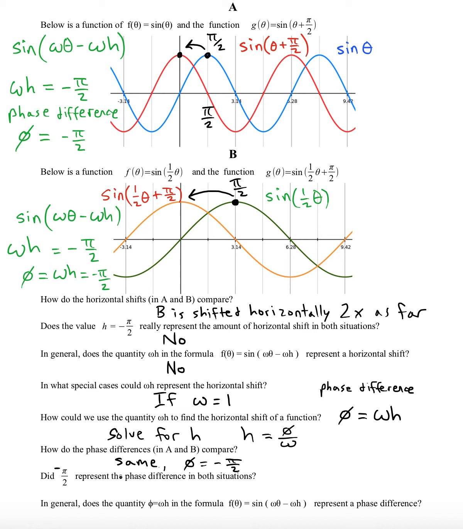Well, it's technically negative pi over 2, but yes. Negative pi over 2 represents the phase difference for both.